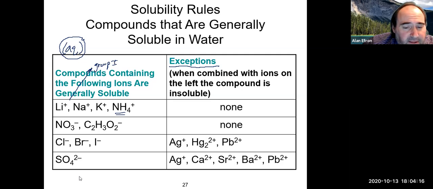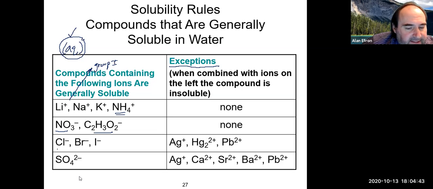There should be no solid formed. Same thing if you have something that has nitrate or acetate in it. If you see that in a formula, you can be pretty safe to write aqueous next to it. It will not form any type of solid. It should always be a solution, and everything should mix and be floating around.